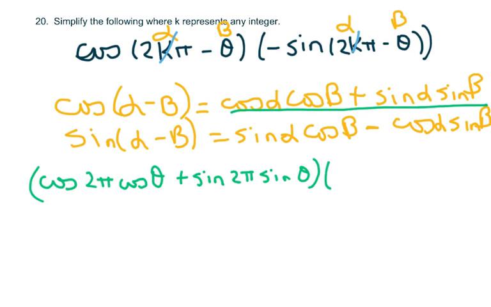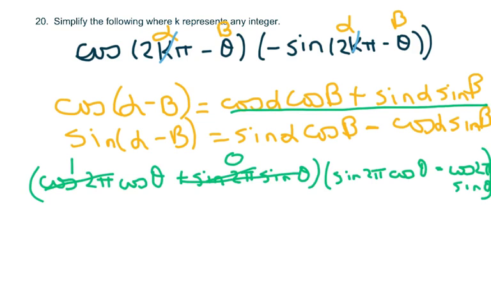And then we get sine of 2 pi cosine of theta, minus cosine of 2 pi sine of theta. So let me take care of this. Cosine of 2 pi is 1. And sine of 2 pi is 0. So that knocks that out. So we just get 1 times cosine of theta. This is just going to be cosine of theta.